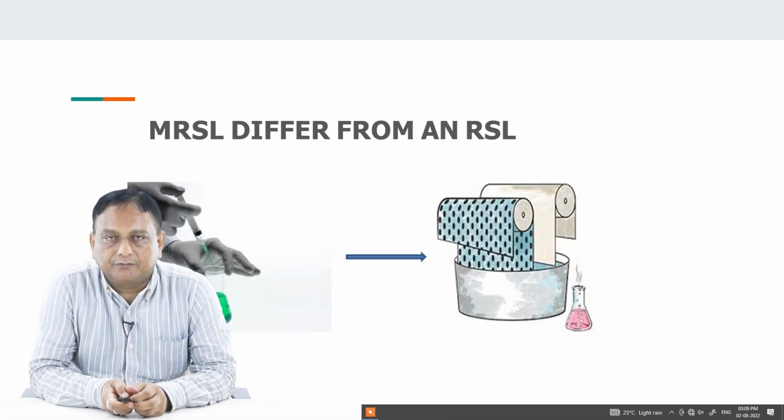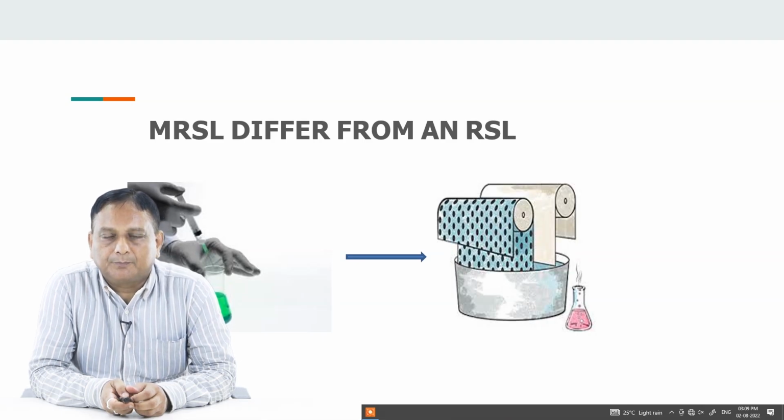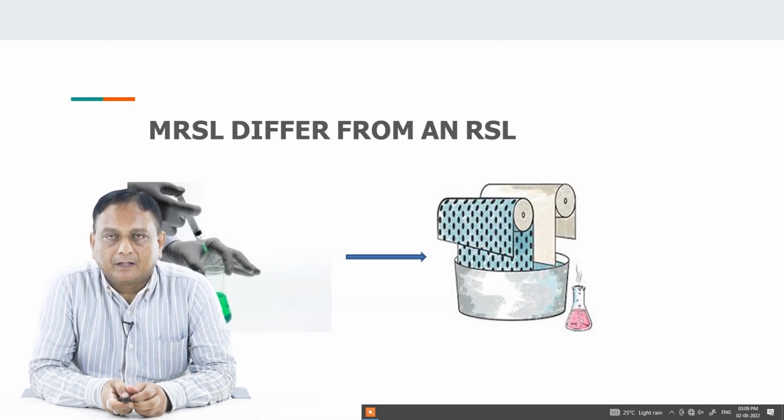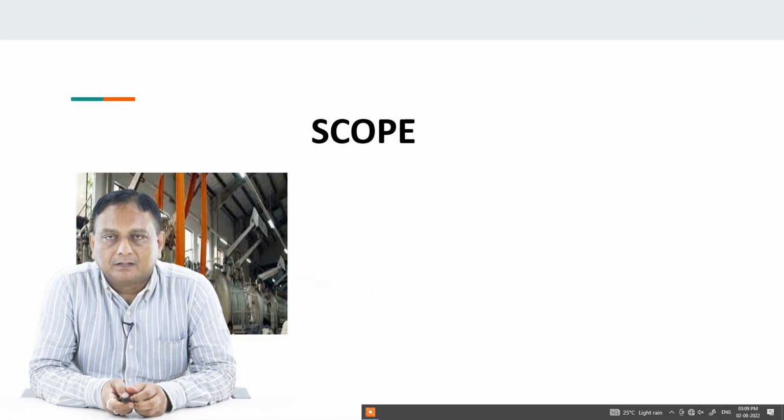So in that it differs. If we control the MRSL, different processes can be controlled easily, and in a finished garment the RSL substances will not be present. So we cannot find the restricted substances if we control the process.